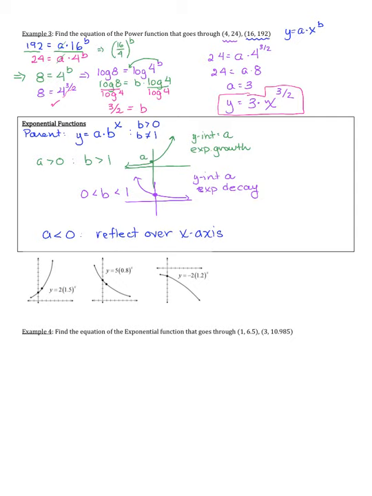All right, so if we look down here, we have 1.5, so b is greater than 1, so this one is exponential growth. So when a is positive up here, I should probably write this here, you are going to be concave up, regardless if it's exponential growth or decay. When it reflects, it becomes concave down.